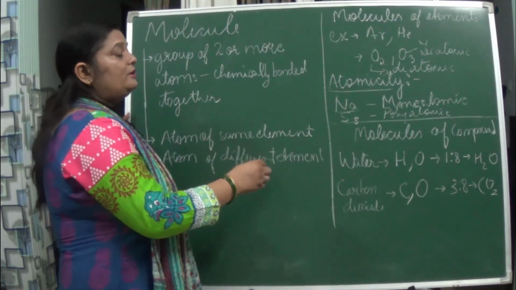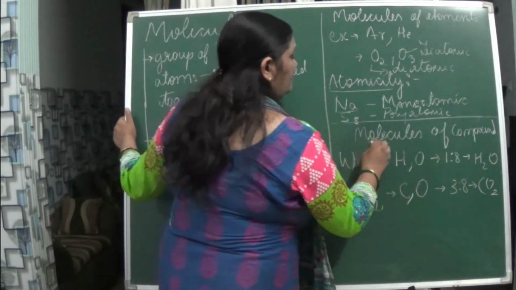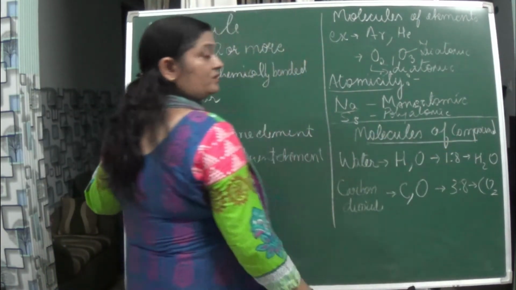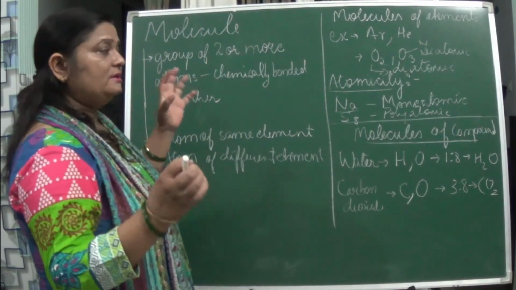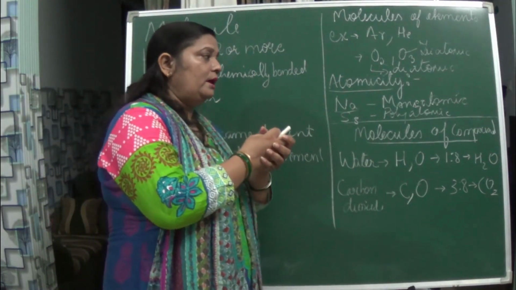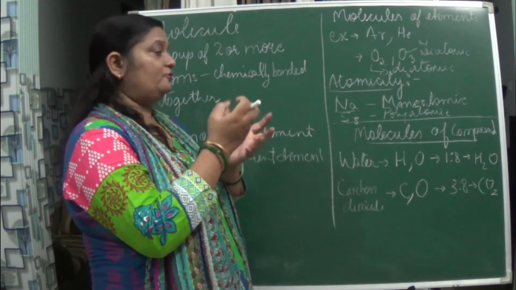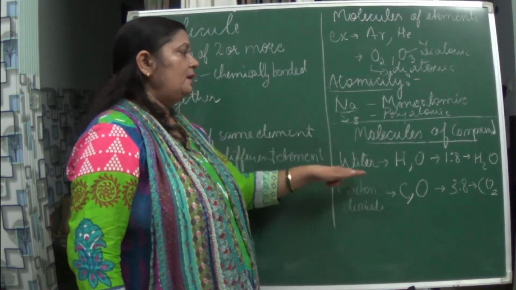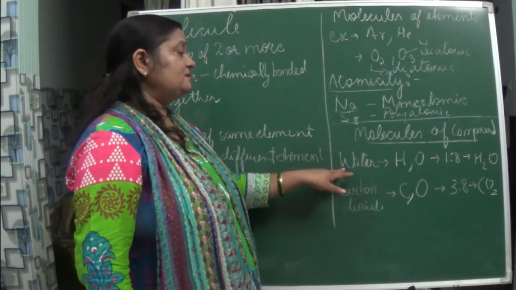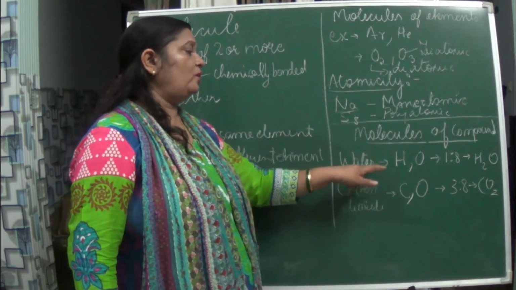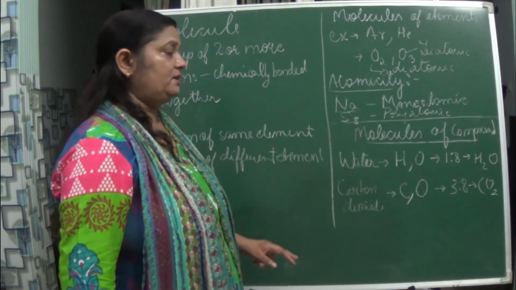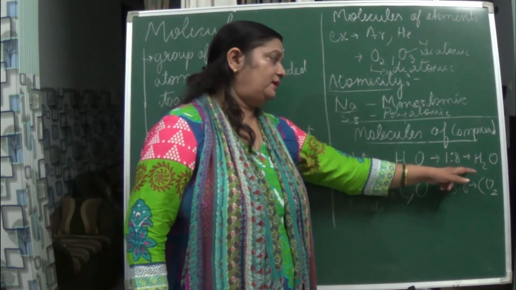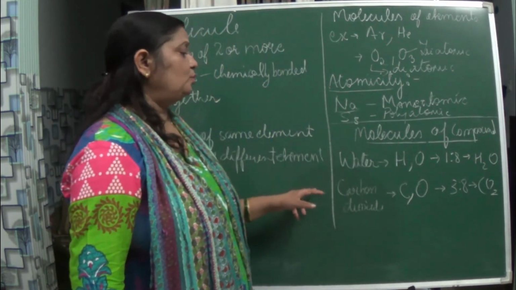Now molecules of compounds, okay. What is a compound? I said to you, when elements react together in a fixed proportion to form a new substance, it is a compound. Here in water, hydrogen and oxygen have reacted in the ratio 1:8 and we got H2O, okay.